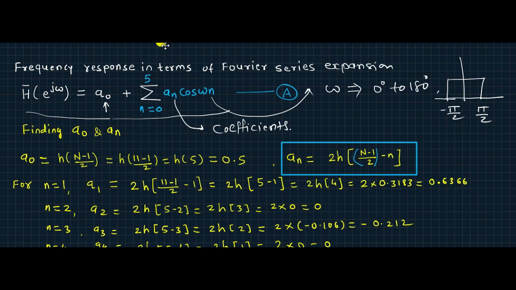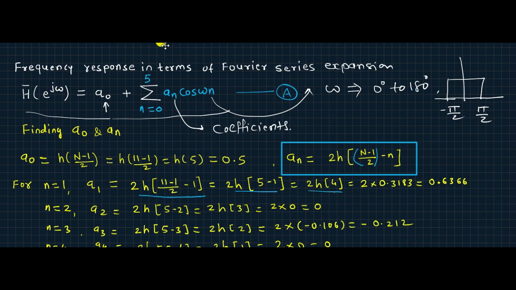What will happen in this case? Simply the value of n will change. For n equal to 1, it is 2h of (N minus 1)/2 minus 1. So (N minus 1)/2 is 5, so 5 minus 1, which is 2h of 4.